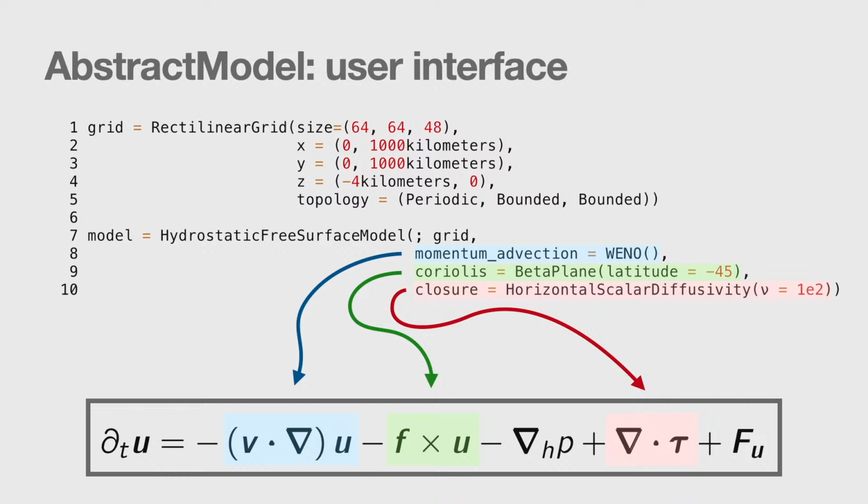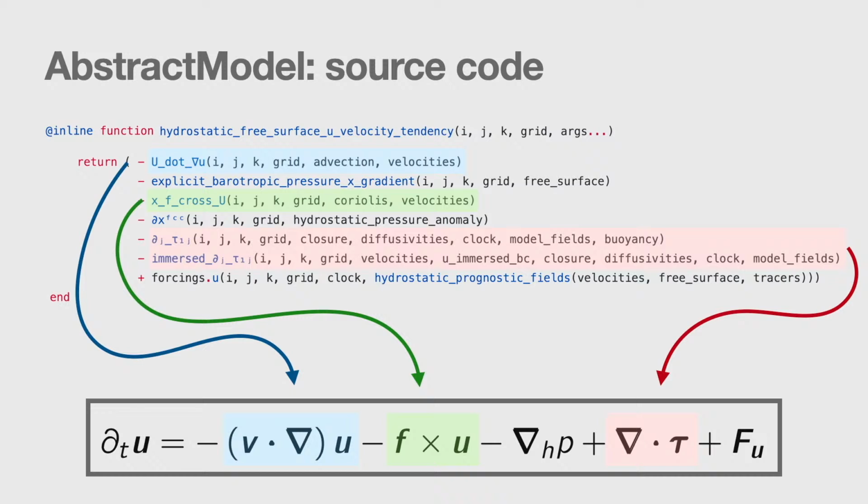In this case, we're specifying a momentum advection, a Coriolis term, and a closure, which is another term for parameterization. These types will be propagated inside the kernels, and will tell the specific functions that calculate these terms how to calculate them. So it is pretty easy to build a new type that you can pass to the model and extend these individual functions to create a new parameterization that will work out of the box with Oceananigans.